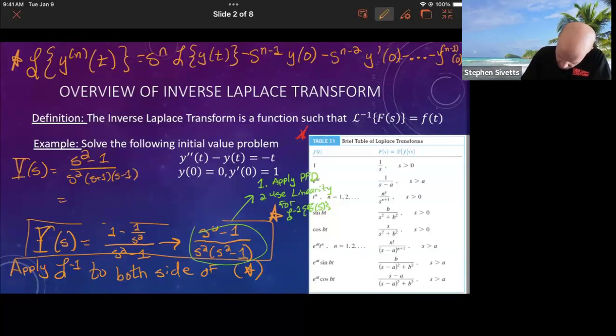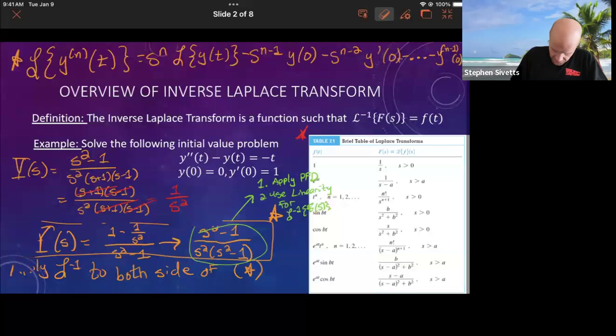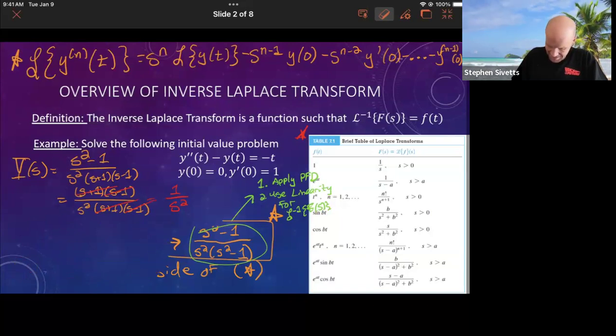And this is equal to, well, the numerator by difference of squares, S plus 1, S minus 1, over S squared times S plus 1, S minus 1. This one's easy. I was freaking out for a second. So these cancel, and you'll get this function in S. And what we're going to do is apply the inverse Laplace transform of Y of S to get a function in T, and that will be our general solution.